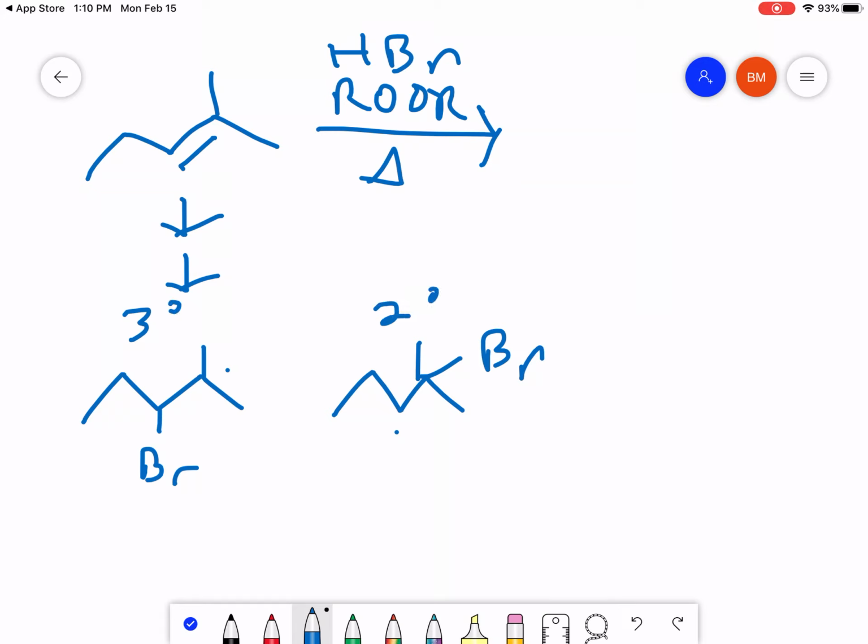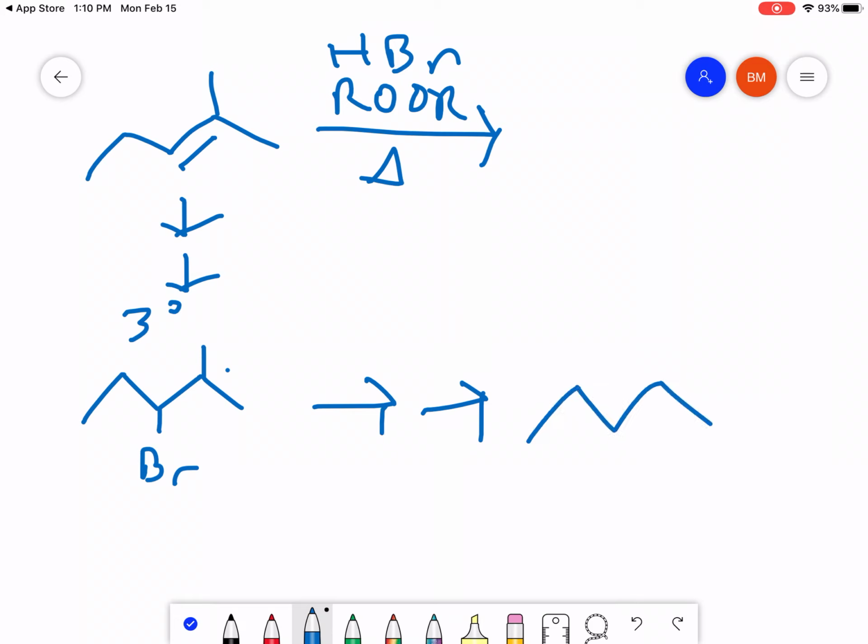So this is nice because we can definitely see that this one is the preferred radical. If you keep on with the mechanism, you would see that this would be your product.